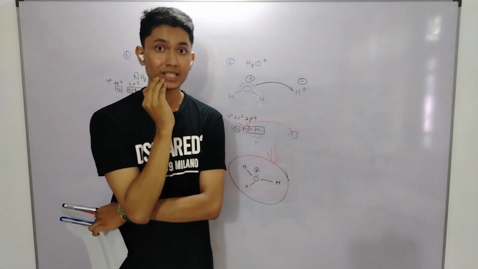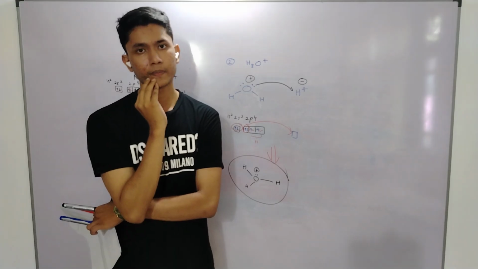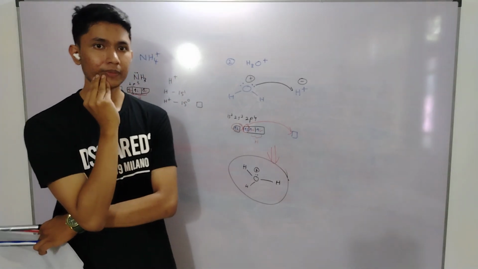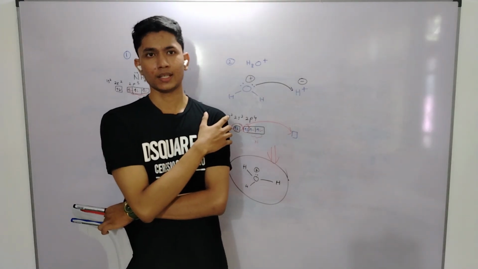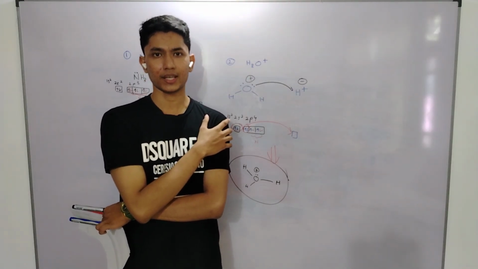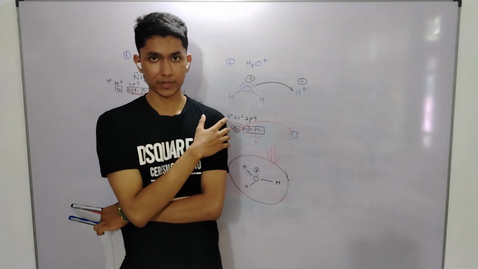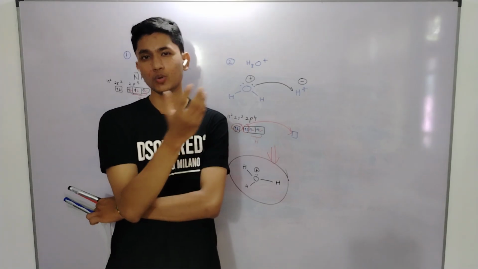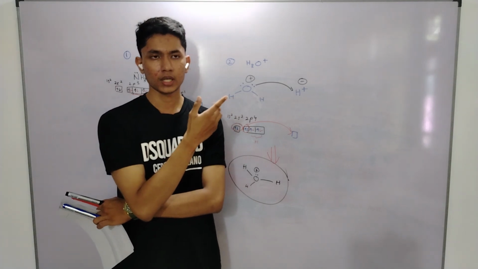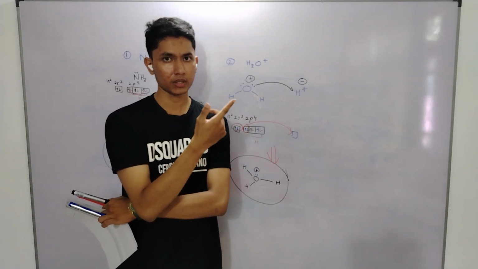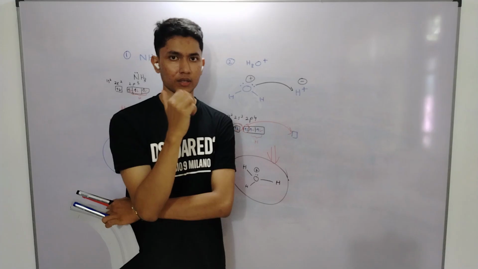Is it so generous? No. These atoms are like people. We don't like to be too generous as human beings. Same thing: he will donate one pair of electrons, but he will not donate the other one.